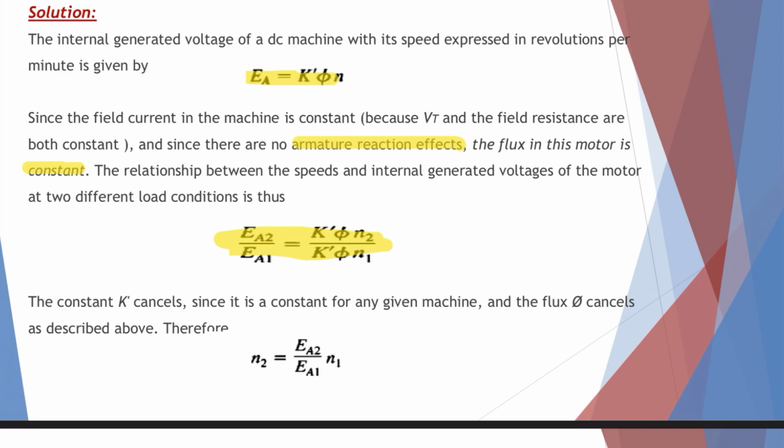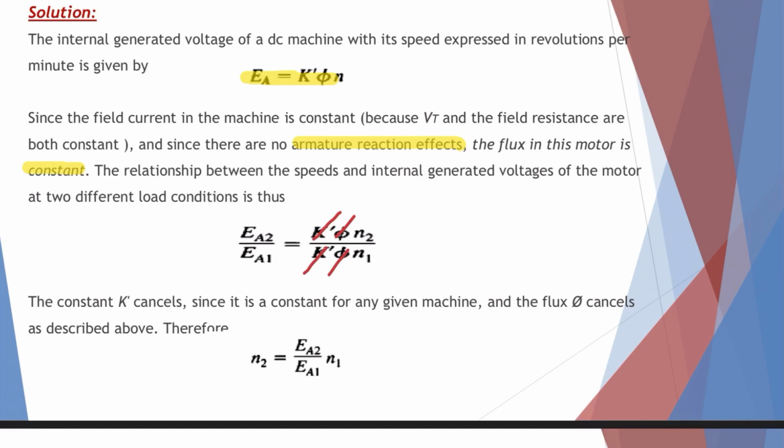We will conclude now from this equation for the speed. The constant K cancels, since we have K on both sides and it is a constant for any given machine. The flux also cancels, because the flux will be constant.